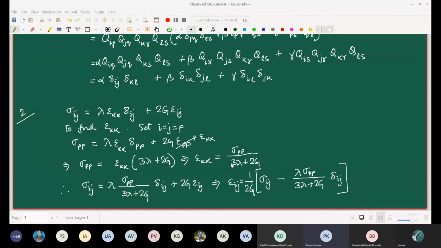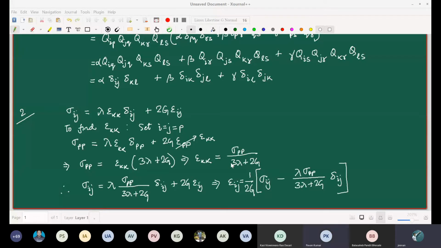Sir, so we can set i equal to j and k equal to l in Cijkl. Yeah, but you cannot just set it to be i equal to j, you actually have to set it to some specific numbers like i equal to j equal to 1 or i equal to j equal to 2. Only then you'll be able to write down the specific expressions.